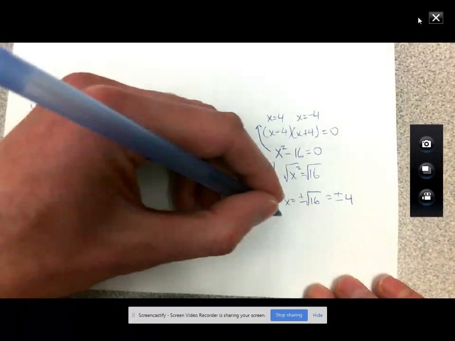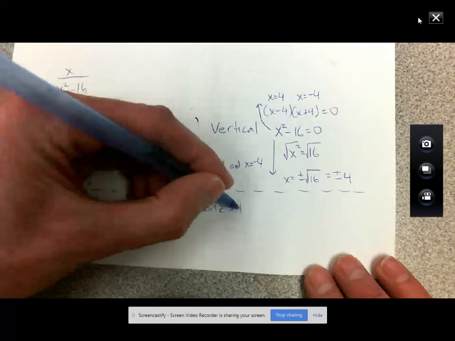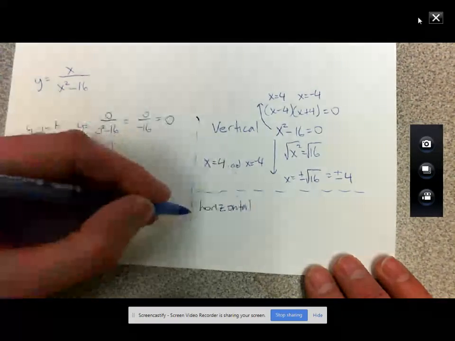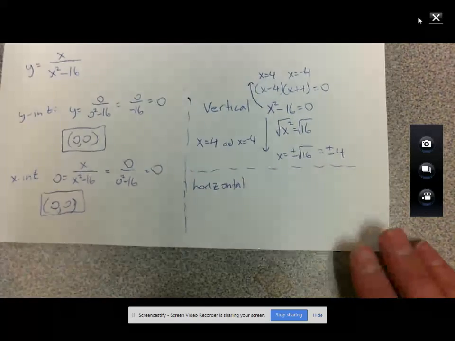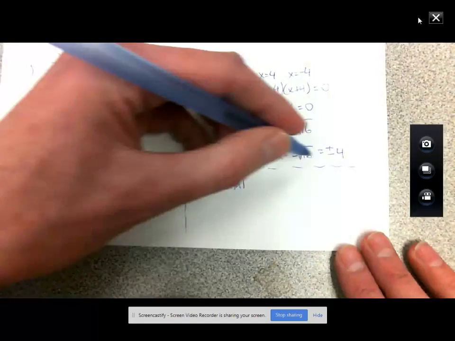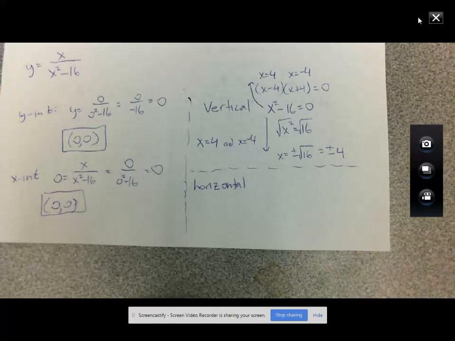Let's find the horizontal asymptote. I just drew this line here to separate. As I was saying horizontal, I know I was drawing a horizontal line, but that was just coincidence. Horizontal asymptote. So the rule was if the degree of the numerator was the same as the degree of the denominator, then we look at the leading coefficients.